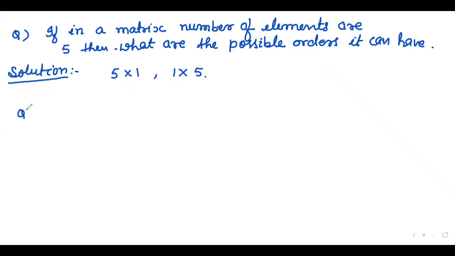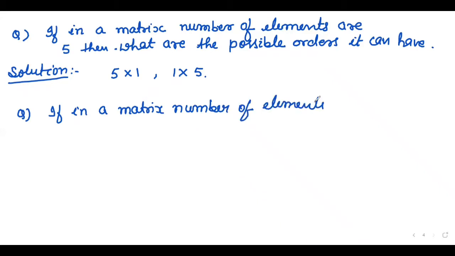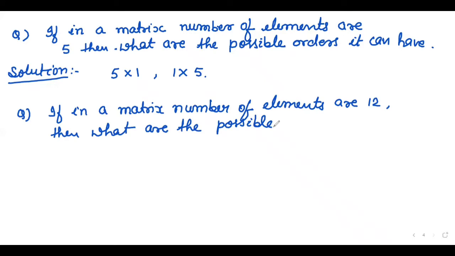Like that, if the question is: if in a matrix the number of elements is 12, then what are the possible orders it can have?